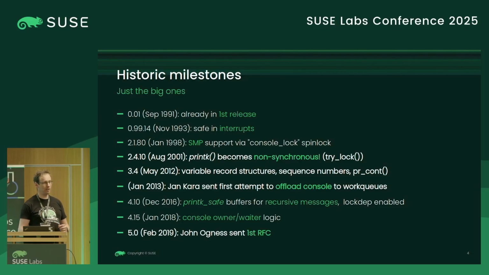There was added a hack to steal the console lock from one CPU to another CPU and so on. So there was a lot of work which we were busy with. So the progress was really slow.